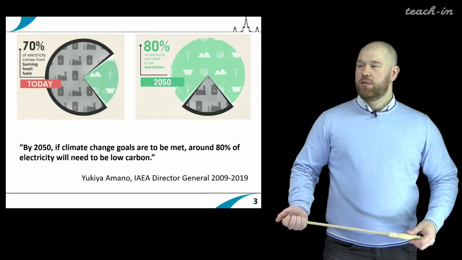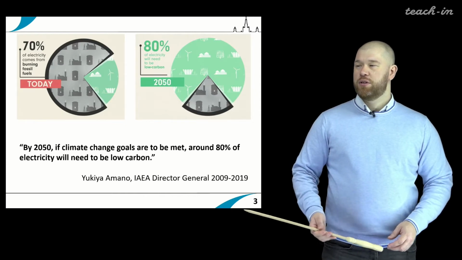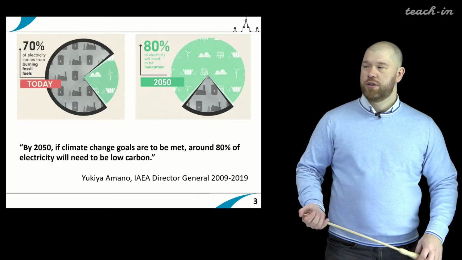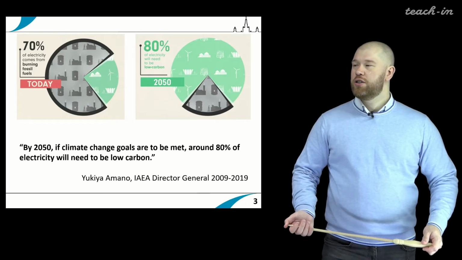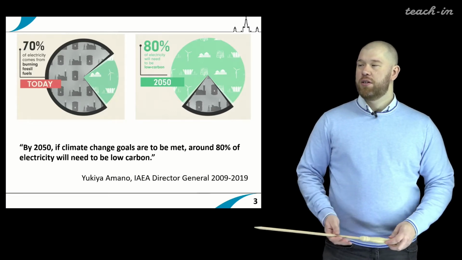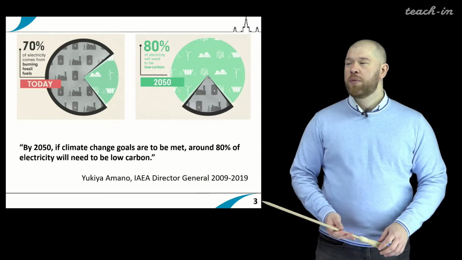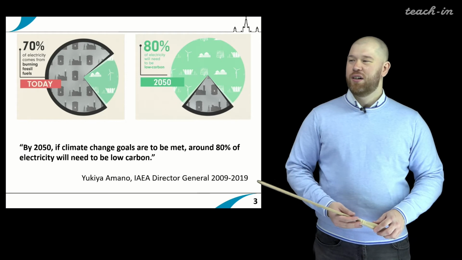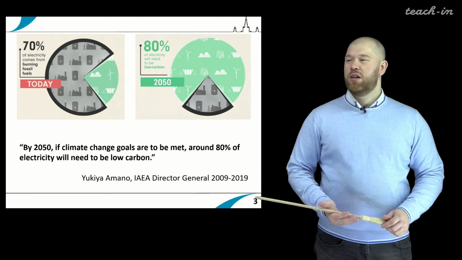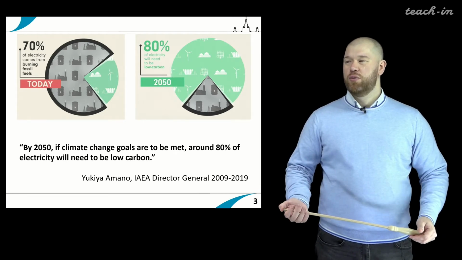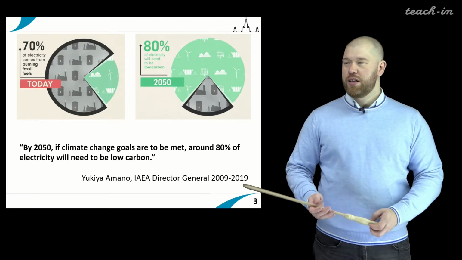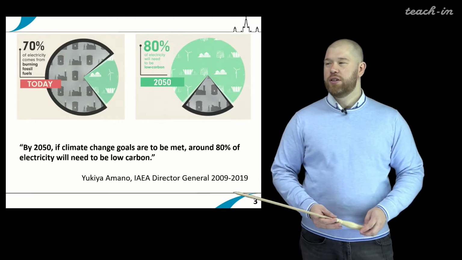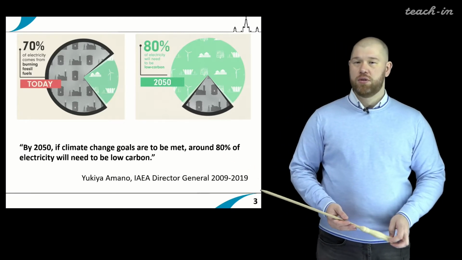And the previous director of the International Atomic Energy Agency claimed that by 2050, if we would like to meet the climate change goals, we have to produce around 80% of all electricity with low carbon fuel.